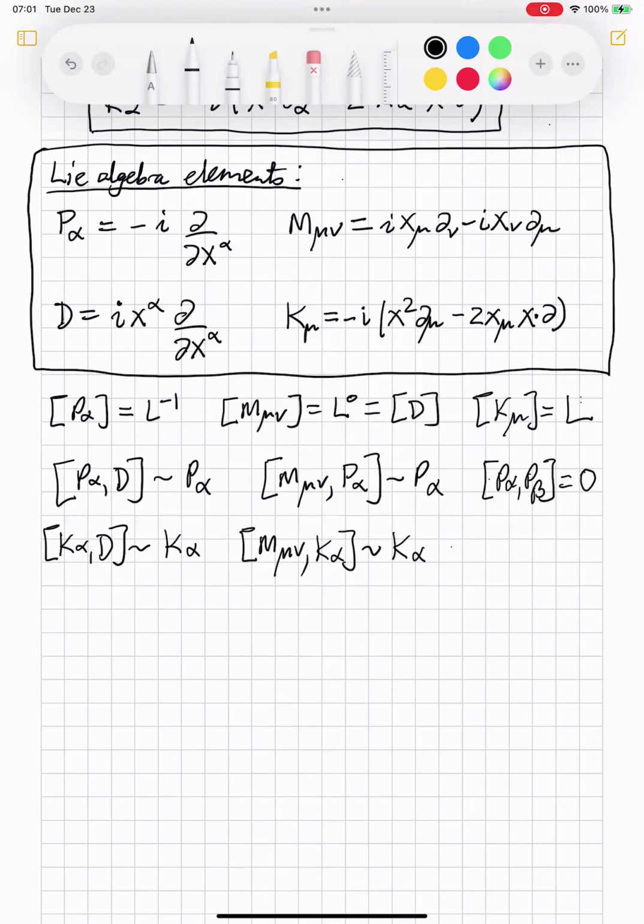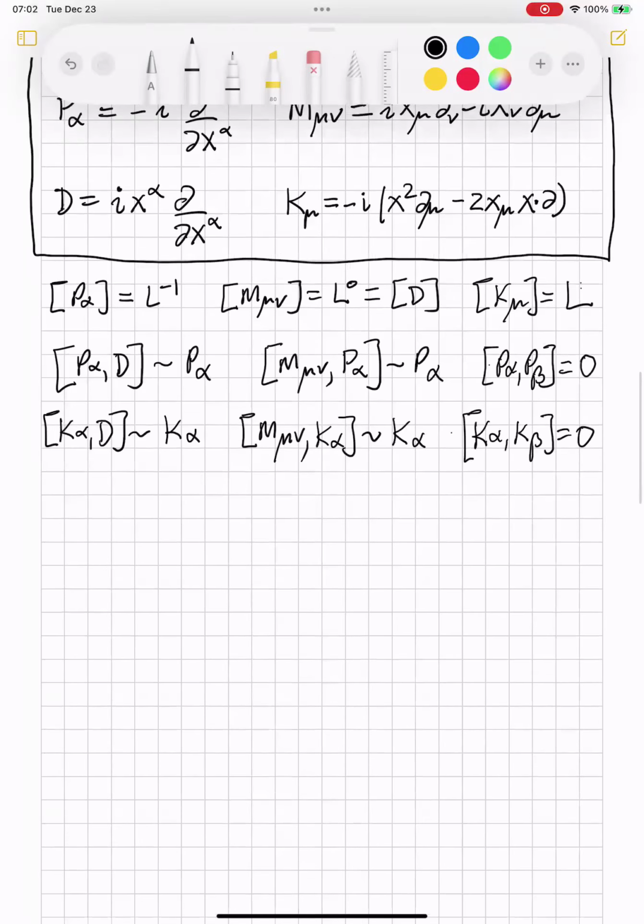Right now, I'm not being careful with indices, so I'm not taking into account Lorentz invariance. I'm only looking at dimensional analysis. If I calculate the commutator of K alpha with K beta, this is an inverse length with an inverse length. That'll give me an inverse length squared, and there is no generator with a dimension of inverse length squared.